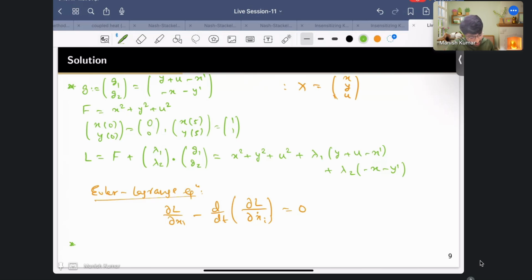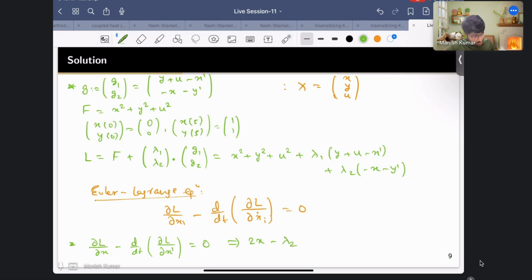Let us first differentiate L with the first variable, with respect to x. So I am writing del L by del x minus d dt of del L by del x dot, or x prime, equal to 0. If I do this, del L by del x is 2x, and then over here you have minus lambda 2.